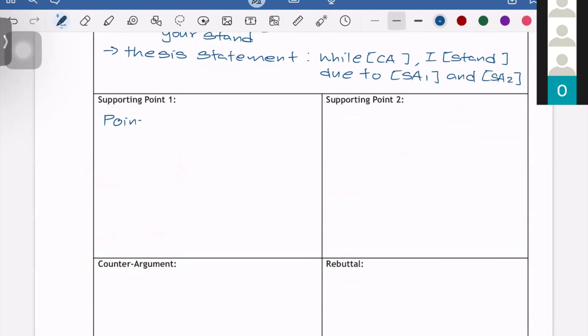So you should have your point, this is your topic sentence. You should also have your elaboration, your evidence or example. And then make sure you link back to your topic sentence. So that will be your point.